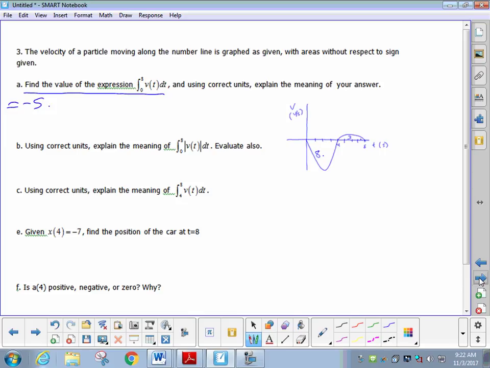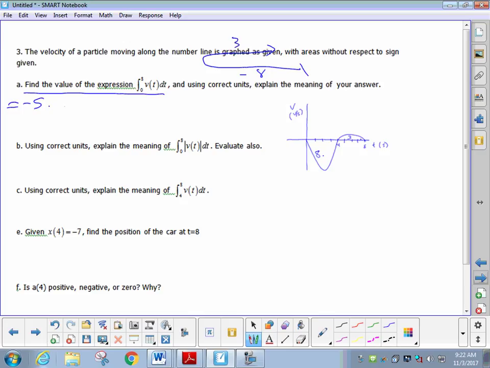Using correct units, explain the meaning of your answer. This is a particle moving along the number line. So you could say that, I don't know where the car started. Actually, I do know later. But it moved left for a while, then right for a while. It moved left 8 units and then right 3 units over the course of the problem. So, explain the meaning of your answer.